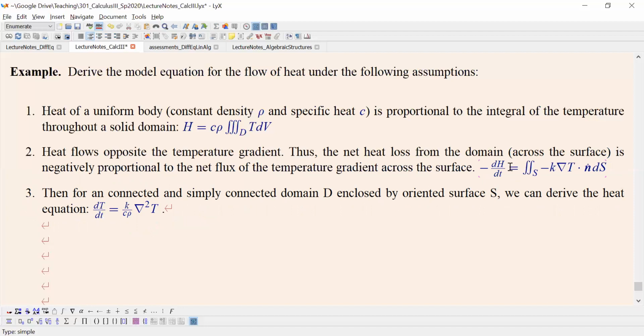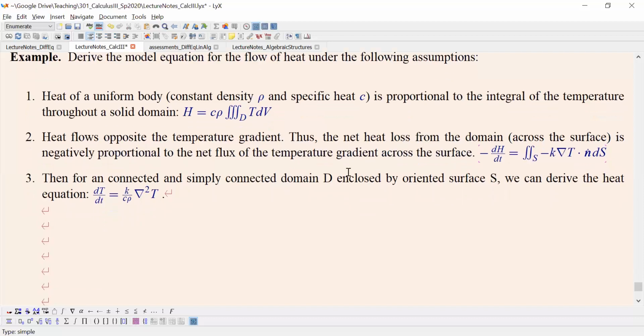We could think of heat as a total heat for our region, so we don't have to integrate it. We will integrate it when we translate that into temperature. And so we can use this idea to set up our integration forms, and then we can derive the famous heat equation.